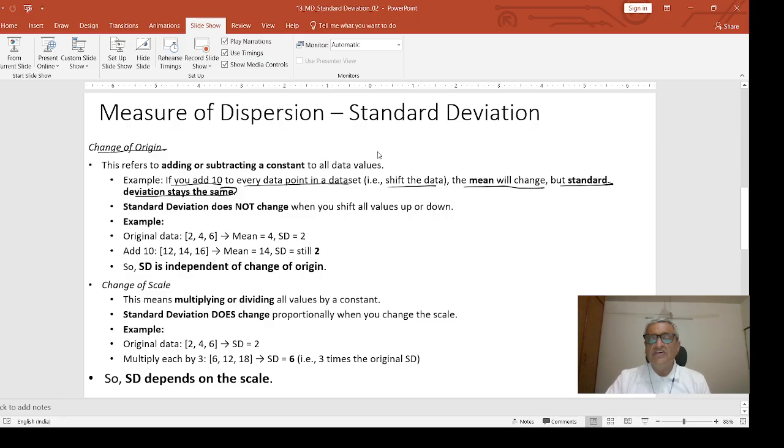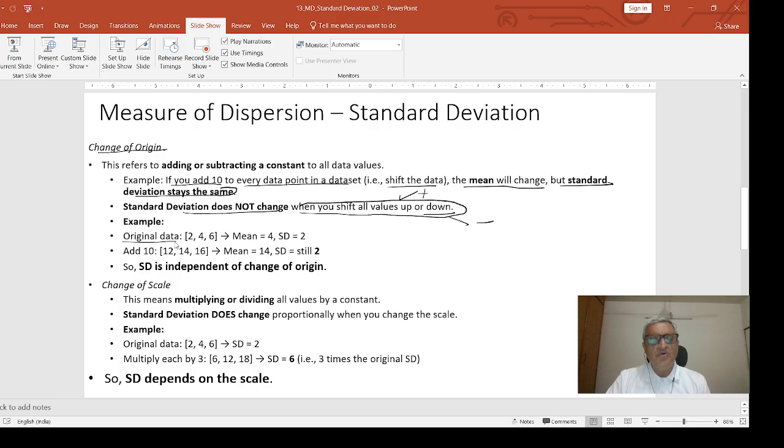So every observation gets shifted by 10. Obviously my mean for that new data set will change, but the SD, standard deviation, remains the same. So standard deviation does not change when you shift all the values up or down. When you say up, you add, and when you say down, you subtract some value.